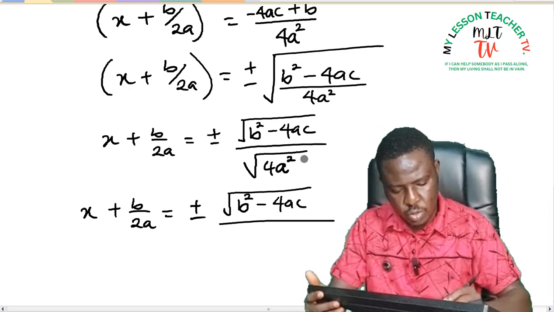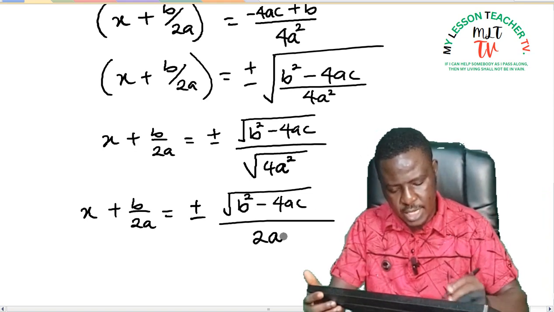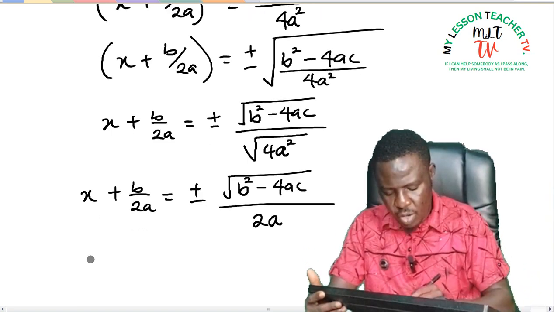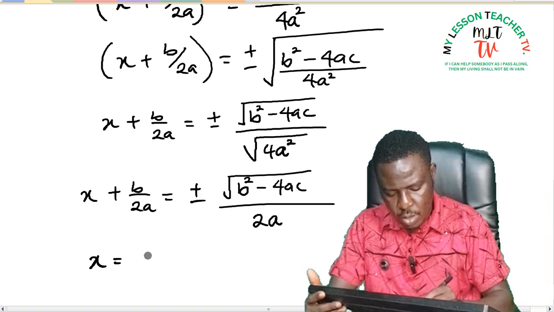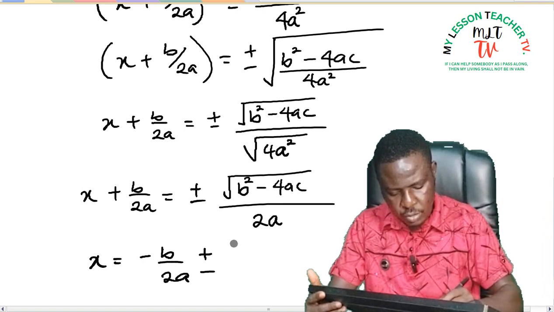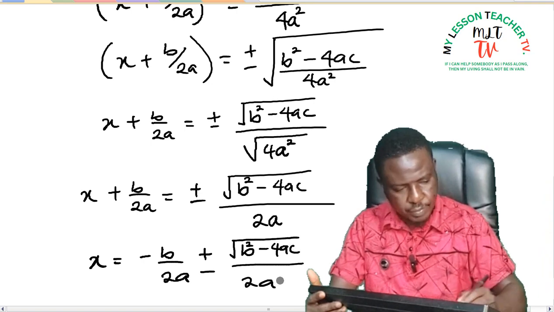Square root of 4 is 2 and square root of a squared is a. Now making x the subject of the formula, you have x to be equal to minus b divided by 2a plus or minus square root of b squared minus 4ac divided by 2a.